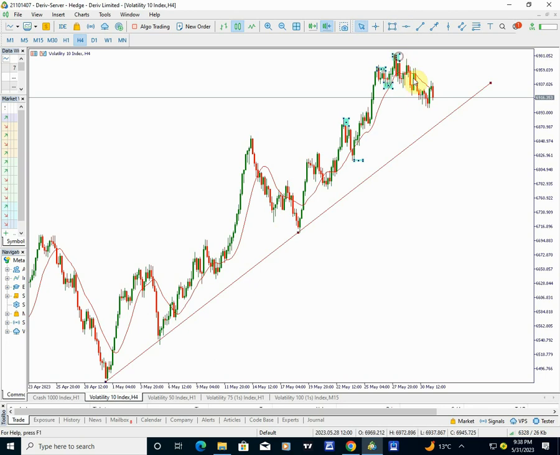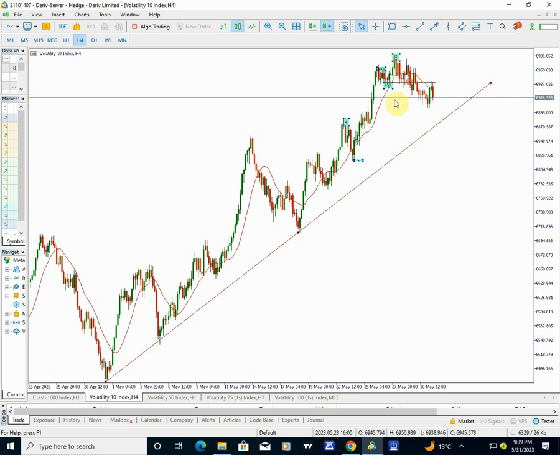After the market made the high here, it was trying to go up. So now we are waiting for the market to close candlesticks below this low here. That's the low we were waiting for the market to close below. When the market starts closing below that one, we'll look for sells because the market is breaking structure.